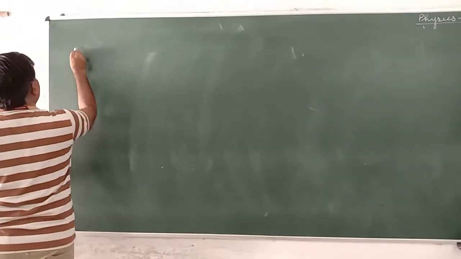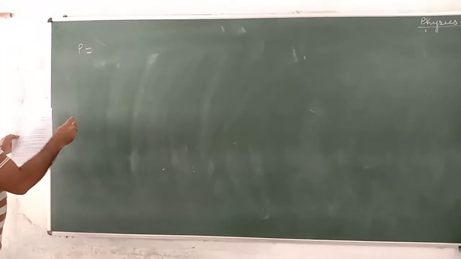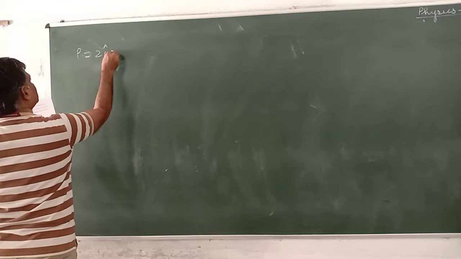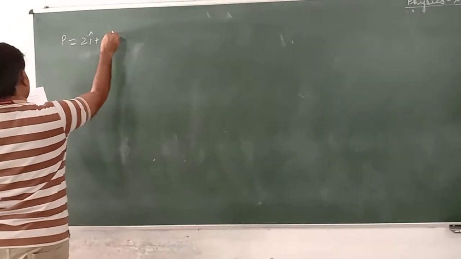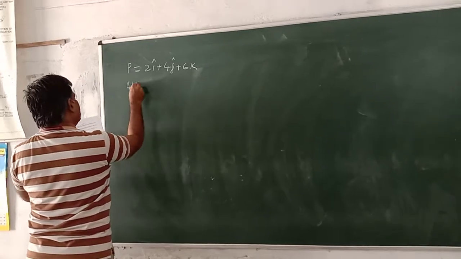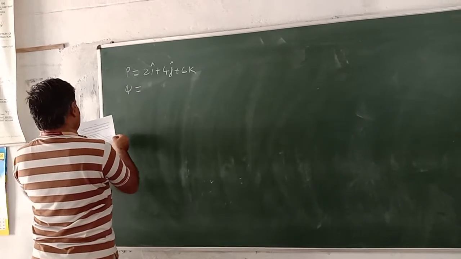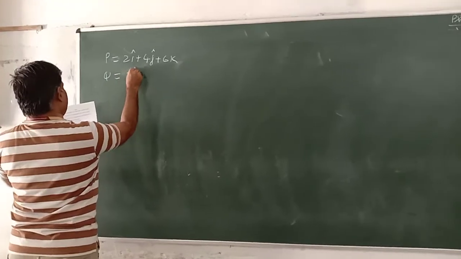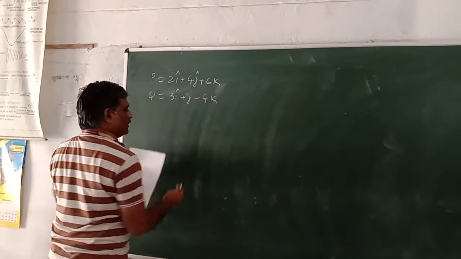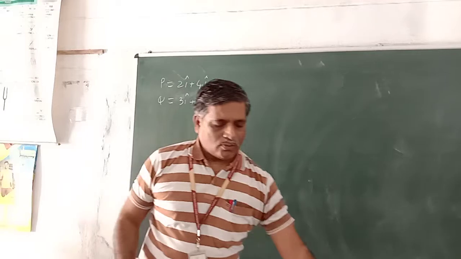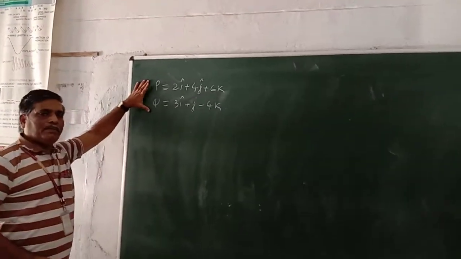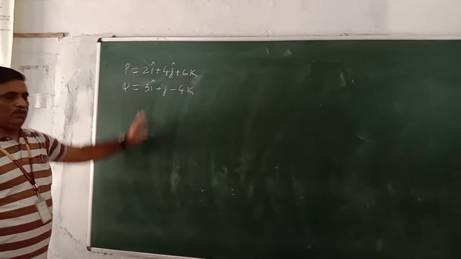There is vector P, which is equal to 2i plus 4j plus 6k. There is another vector Q is equal to 3i plus j minus 4k. What is the question? Question is find out unit vector perpendicular to these two.